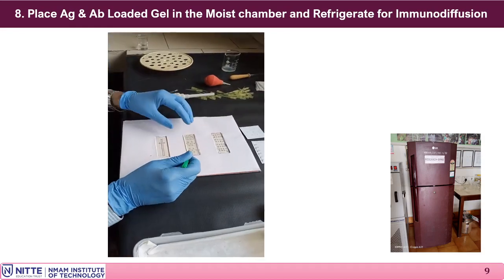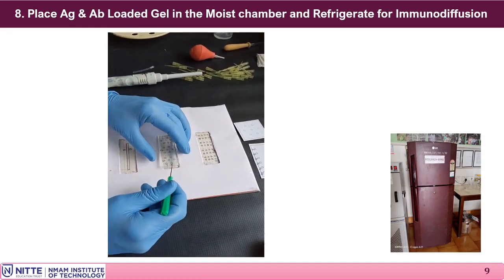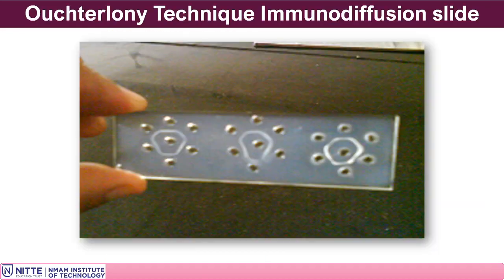When you come and observe the slide, you will see that the slide will have developed the precipitin bands like this. As seen in the picture here, the precipitin bands can be seen between the antibody well and the antigen well. In this picture, you can see that this antigen well and this antigen well is positive for this antibody.